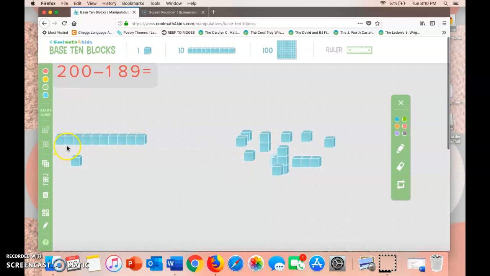Now, the student would be able to see that their solution should be 1, 2, 3, 4, 5, 6, 7, 8, 9, 10, 11. Students may also use one-to-one correspondence when counting their final solution to make sure that they get the correct answer.